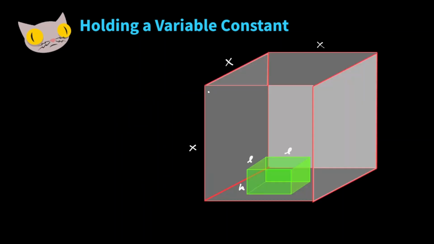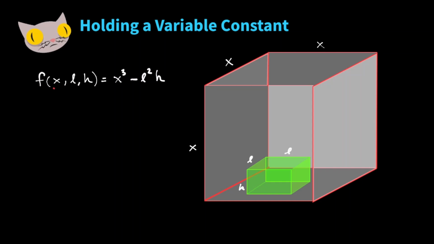Here we have a cube where each side has a length of x, and it has a prism cut out of it. This can be written as a function with 3 variables, x, L, h. That's equal to x cubed minus L squared h.